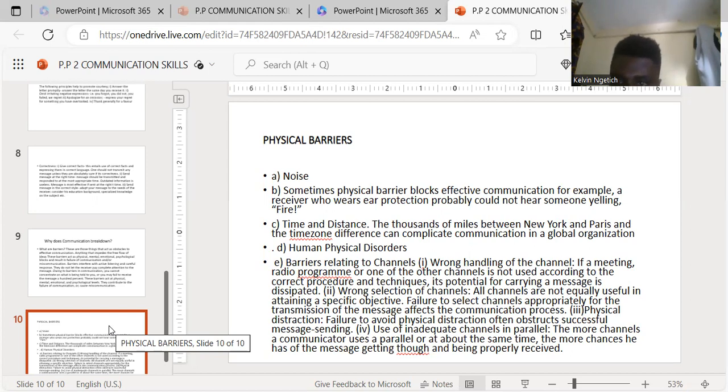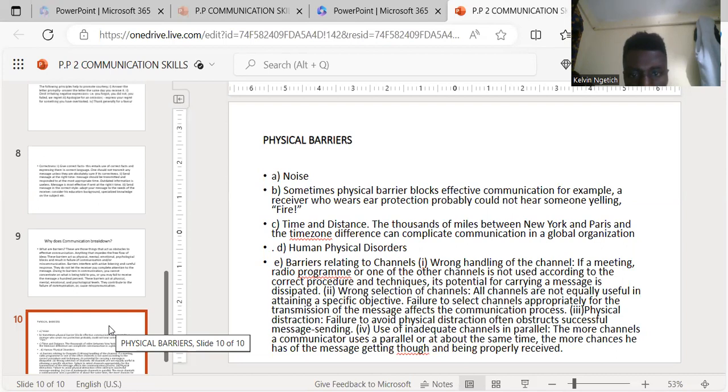The thousands of miles between New York and Paris and the time zone differences can complicate communication in a global organization. We have human physical disorders. For instance, one may not hear something carefully because the ears have something in them or because of a medical condition.